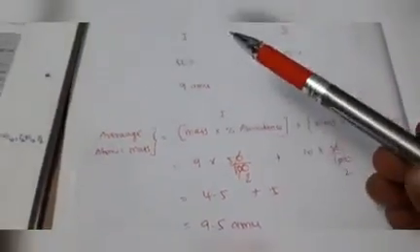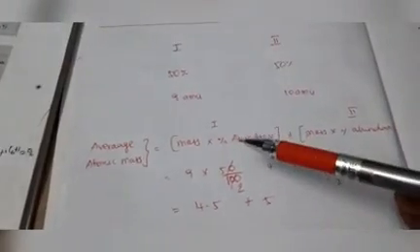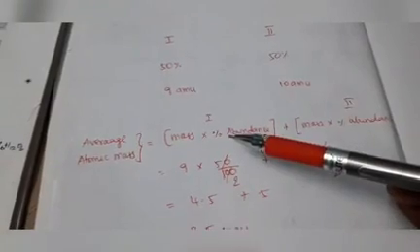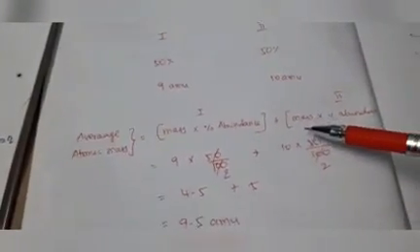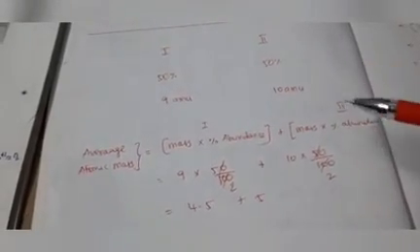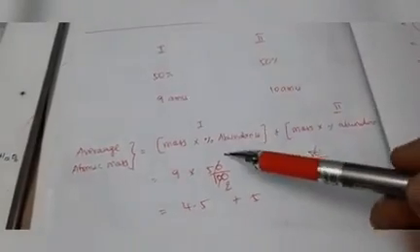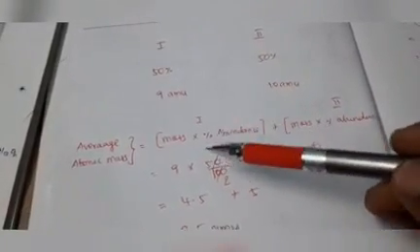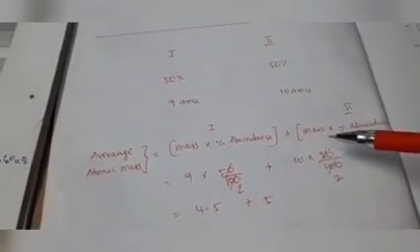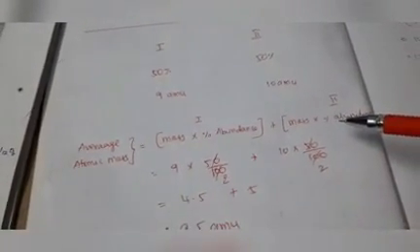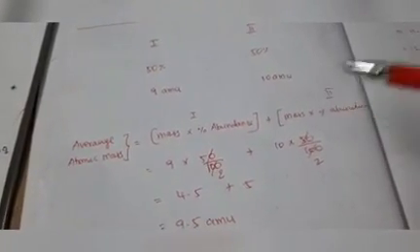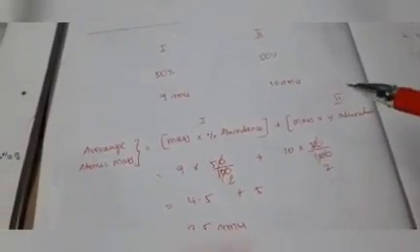If two isotopes are present, the formula is mass of the first isotope into percentage abundance of the first isotope plus mass of the second isotope into percentage abundance of the second isotope. If three isotopes are present, it is mass of the first isotope into percentage abundance of the first isotope plus mass of the second isotope into percentage abundance of the second isotope plus mass of the third isotope into percentage abundance of the third isotope, like that.